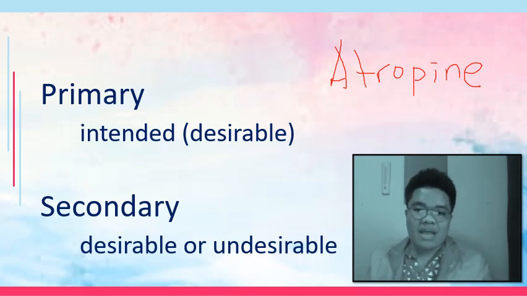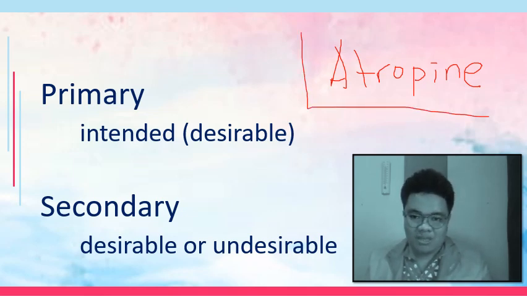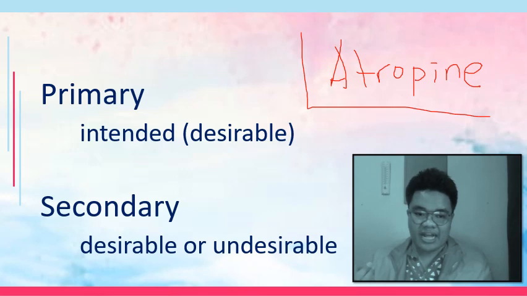Now, when my patient will undergo endoscopy, because a scope will be inserted, a scope is like a flexible tube which is inserted through the mouth of your patient. Because of the entry of this tube, we would want the mouth of our patient to be dry. We want the mouth of our patient to have decreased saliva because the saliva could possibly cause aspiration during the procedure.